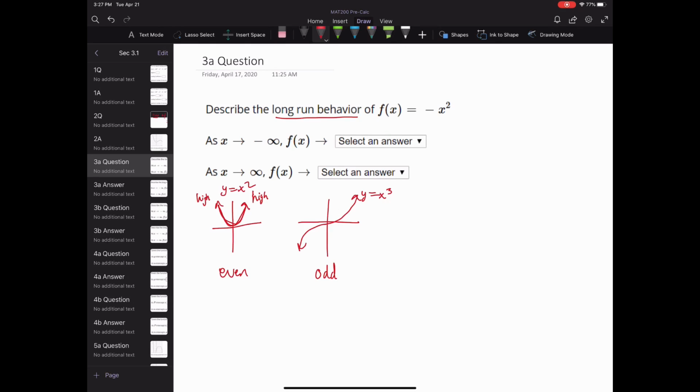And of course, if it was negative, then it will start low and end low. But the odd function starts low and ends high. So let's see if we can use this to help us answer these questions.